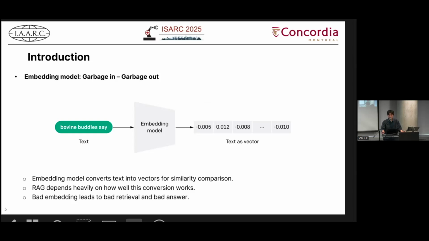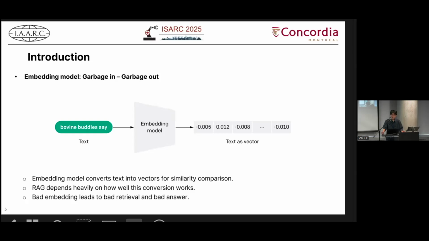It first turns the documents into vectors to build the external database. Then, when a question comes in, it also turns the question into a vector and finds similar documents using simple math like cosine similarity. RAG depends heavily on how well the embedding model does this job.